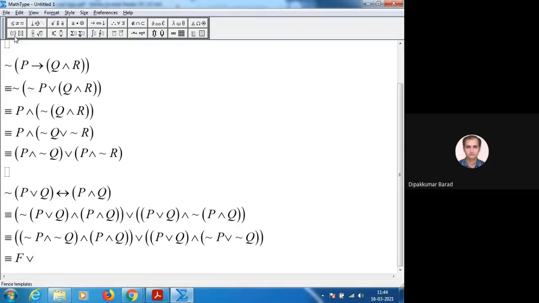So for that, first I write this bracket, and first I distribute this first bracket with this not P or not Q. So P and P and not P, not Q. And then we have or.